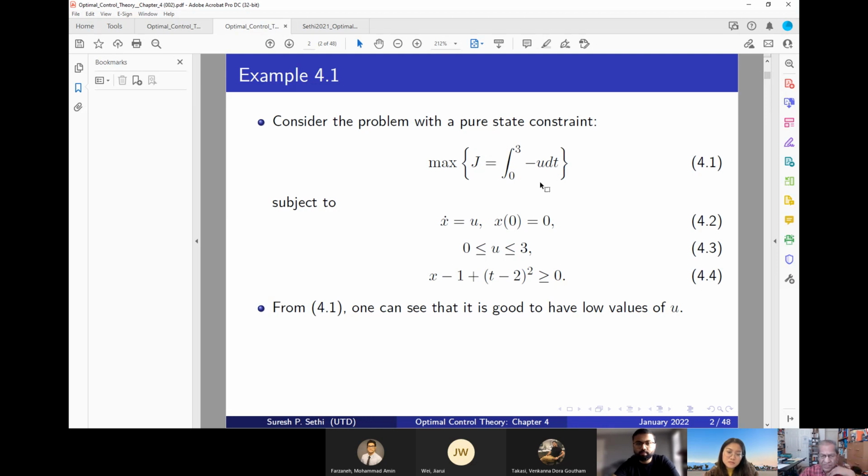So: maximize the integral from 0 to 3 of minus u dt, x dot equal to u, x(0) equal to 0. Control is restricted between 0 and 3, but we have a state constraint. You see, there's no control here. Given that we are maximizing the integral of minus u dt, which means we are minimizing the integral of u dt, you want low values of control. This problem has a state constraint, but as long as we can guarantee low values of control, then we know we have solved the problem.